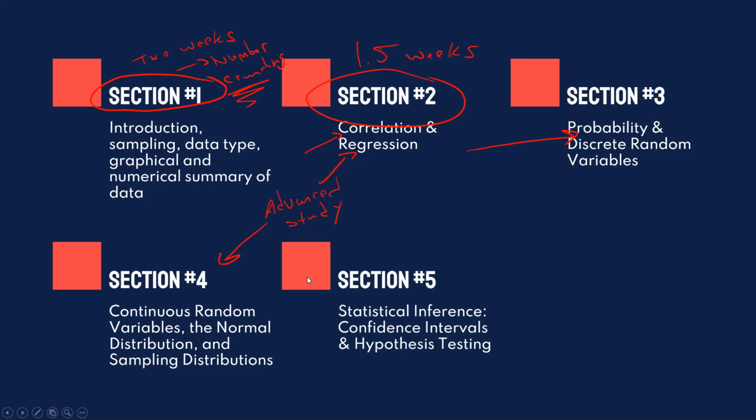And then our final section of the class, section 5, is about statistical inference. In this section, we're going to study 2 main topics, hypothesis testing and confidence intervals. These will be the most useful 2 topics as you go on, and if you go on to graduate school or further study in statistics.